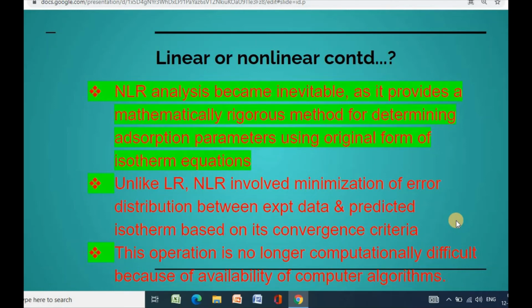And this operation is no longer computationally difficult because of the availability of computer algorithms. So from this study, it is clearly seen that the nonlinear approach is a better approach for adsorption isotherm and kinetic data modeling compared to linear ones.